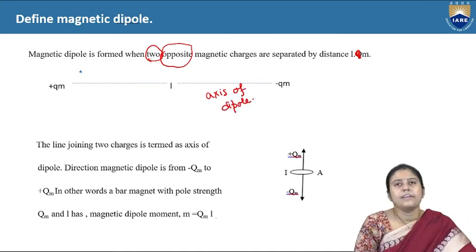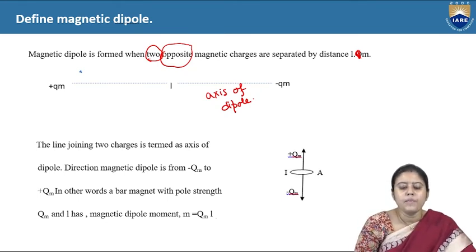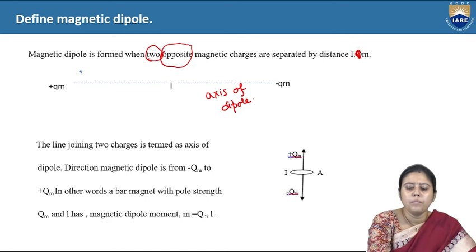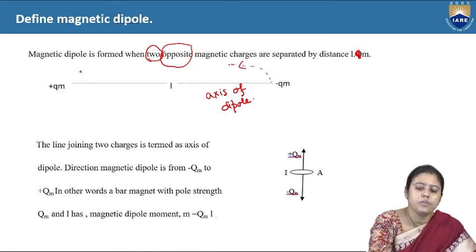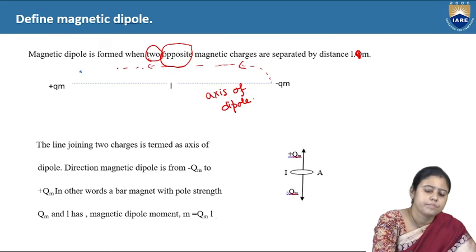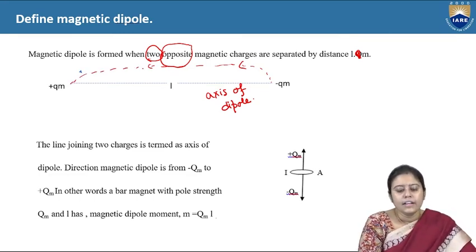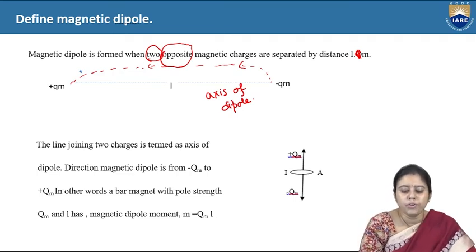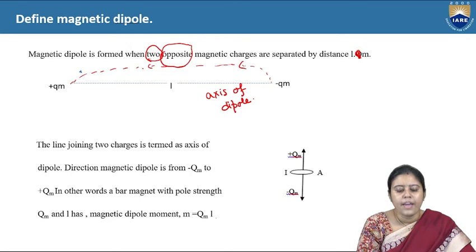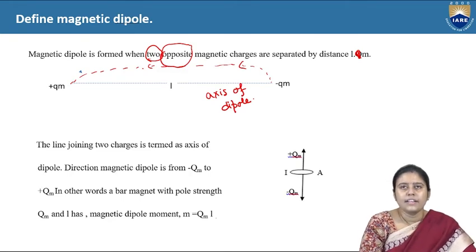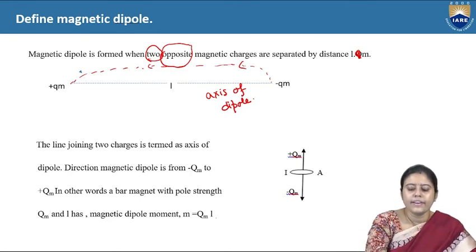The direction of the magnetic dipole is from minus qm to plus qm. In other words, if a bar magnet has pole strength qm and the distance is L, the magnetic dipole moment is qm into L.